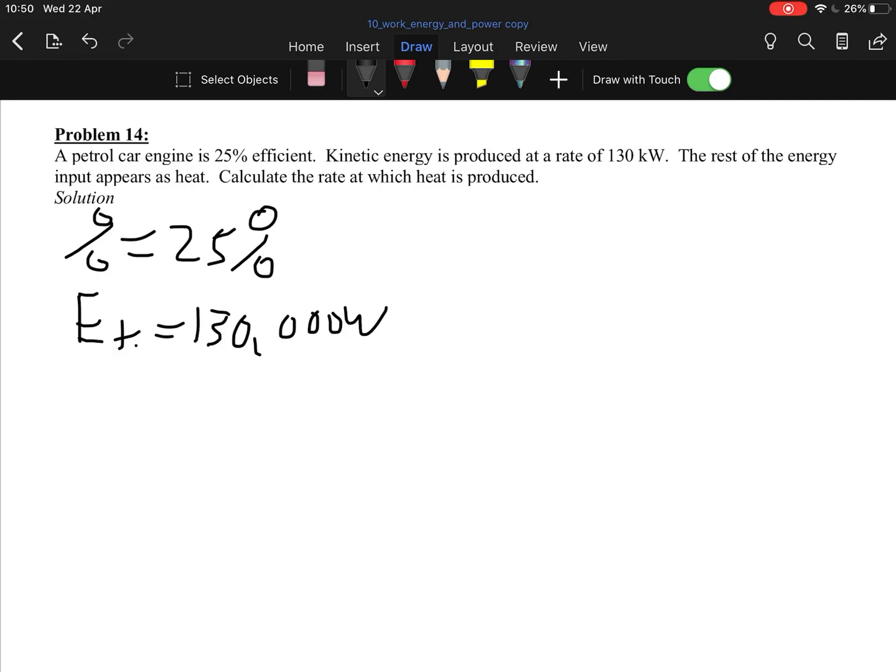The rest of the energy appears as heat. Calculate the rate at which heat is produced. So 75% is heat, 25% is the running of the car.